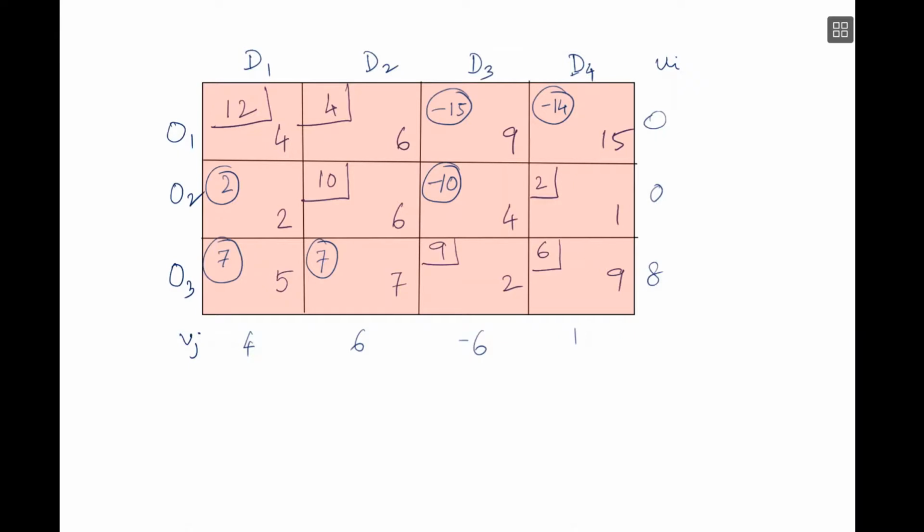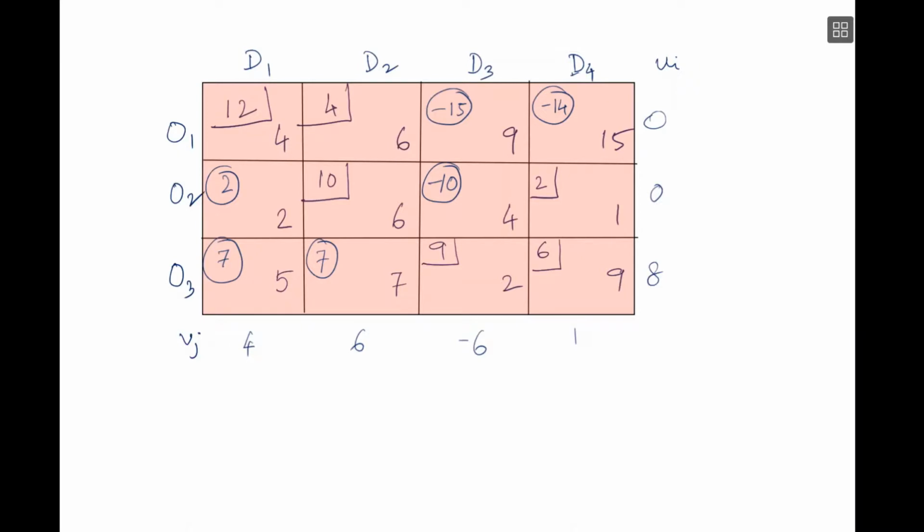So we have to choose either of these 3 cells as allocated cell. As we see, there are 7 at 2 cells, 3-1 and 3-2.